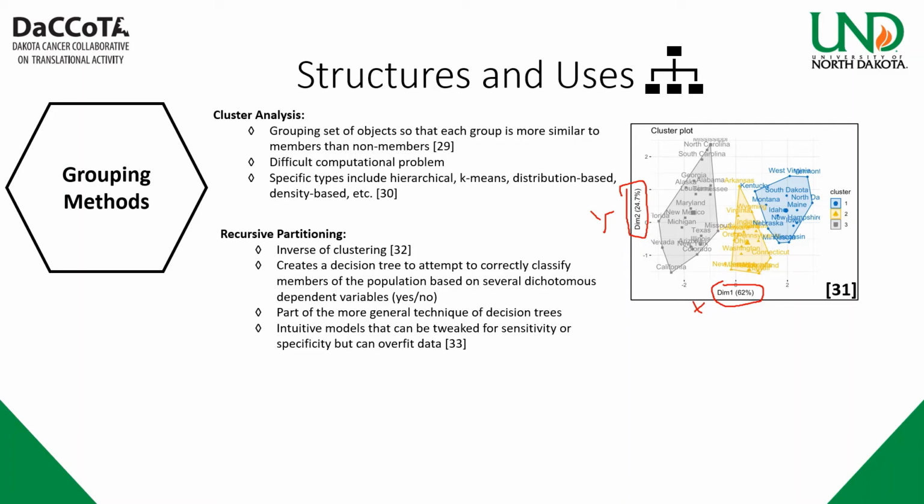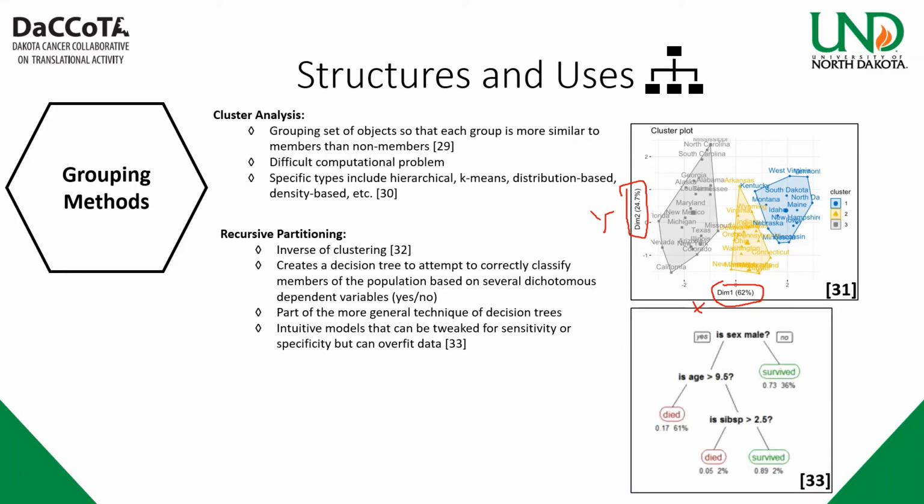Now the inverse of that is recursive partitioning, where you're not so much clustering, but trying to separate out. So you want to create a decision tree to classify members of a population based on different variables. Each tree branch is like a yes/no. And this is part of a more general technique of decision trees. And you can tweak them in many different ways.